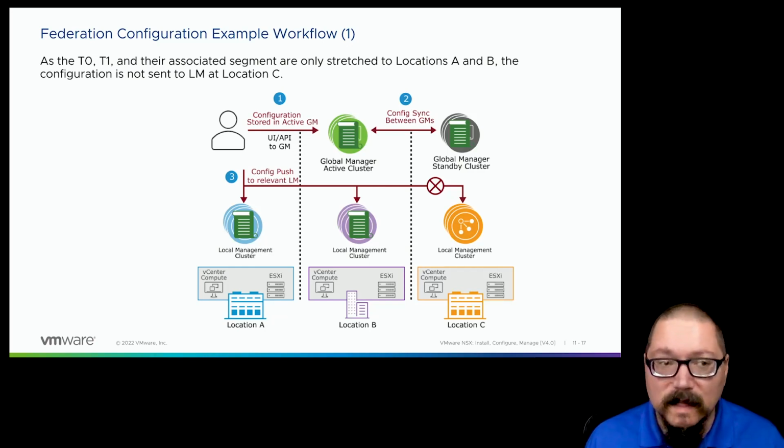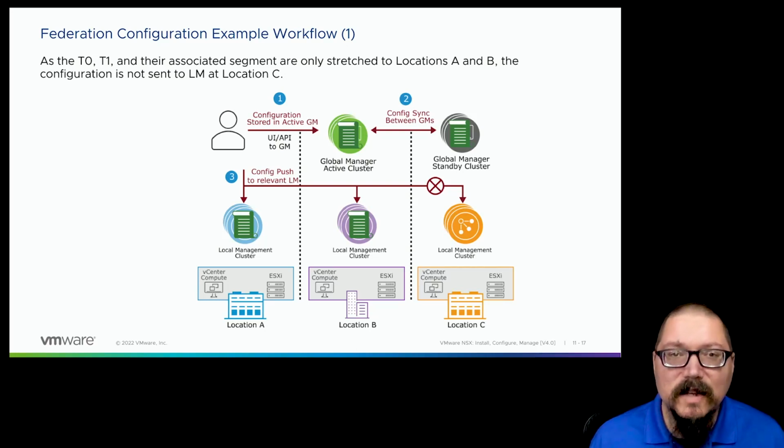In other words, location C doesn't need to see these structures, that segment and the tier 0 and tier 1 gateways. We're not stretching those objects to location C. We don't have to waste the resources programming the configuration over there.